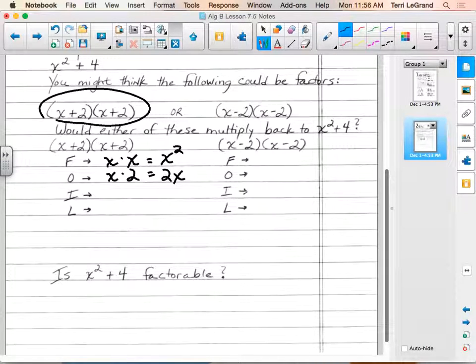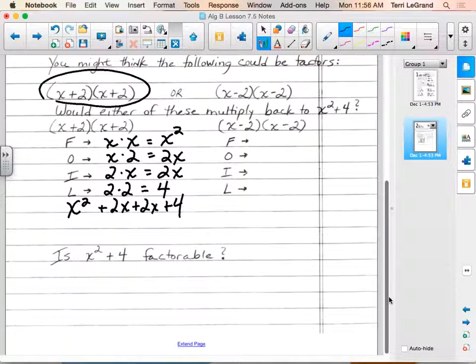The I step for those factors, 2 times x, which is 2x. And 2 times 2 for the L step, which is 4. So now when we bring those down, does anything cancel out this time? No. So when we bring them down into an addition problem, we have x squared plus 2x plus 2x plus 4. What is that? X squared plus 4x plus 4.